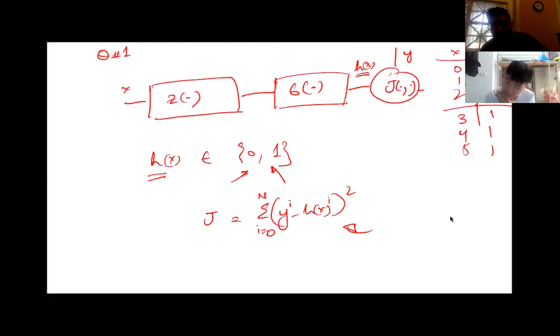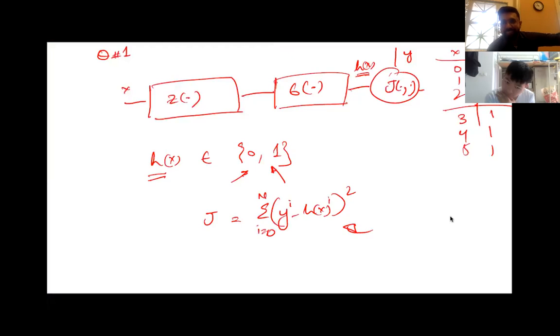Can I find W star if h of x is discrete? So how did we find the optimal of our cost function? Once we get J, what did we do to find the best value of weights?